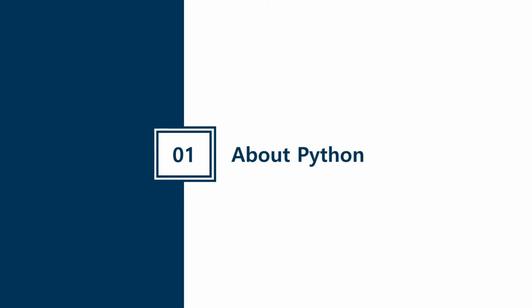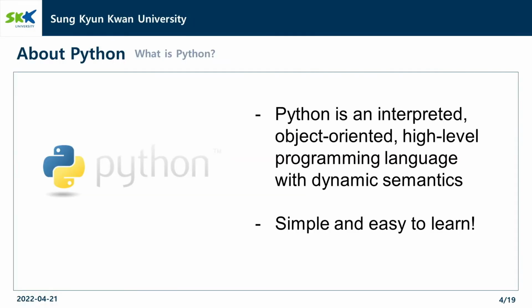In the first section, we will mainly explain about what Python is and what things we can do using Python. Python is an interpreted, object-oriented, high-level programming language with dynamic semantics. Since Python is simple and easy to learn, many beginners start studying programming with Python.